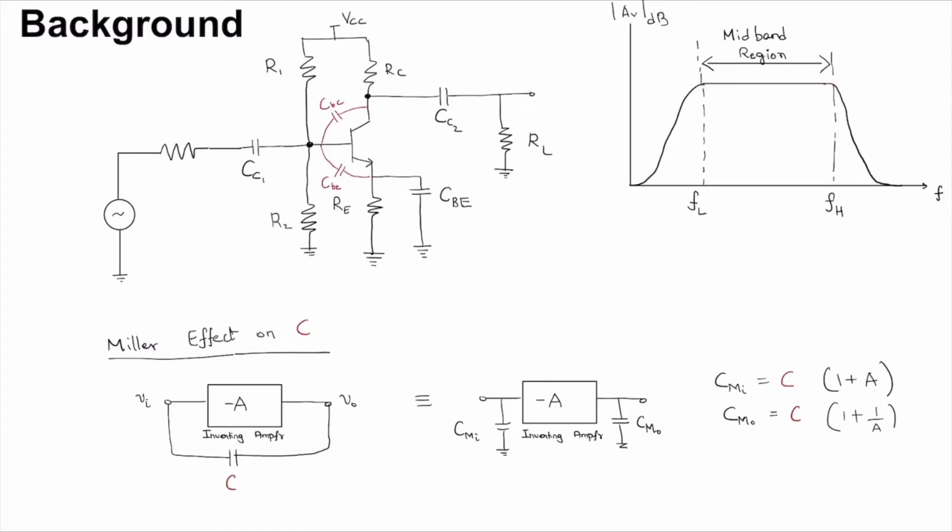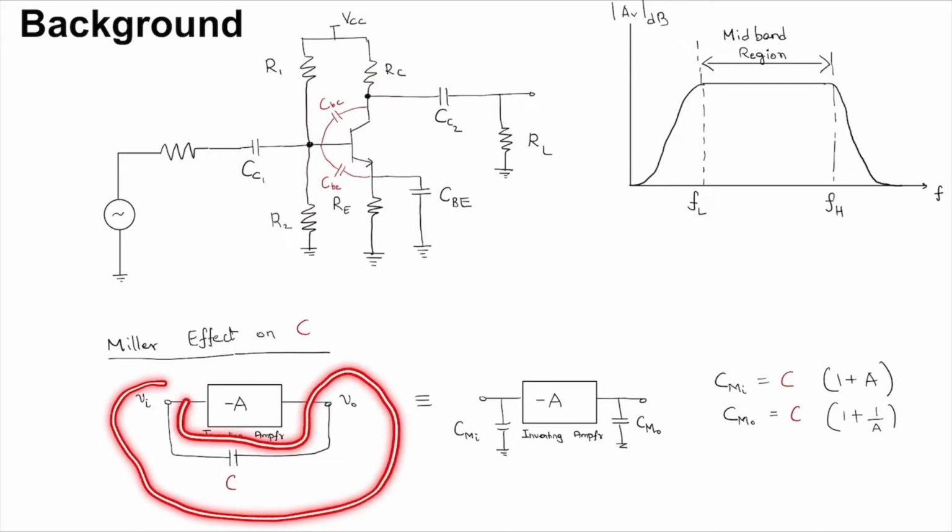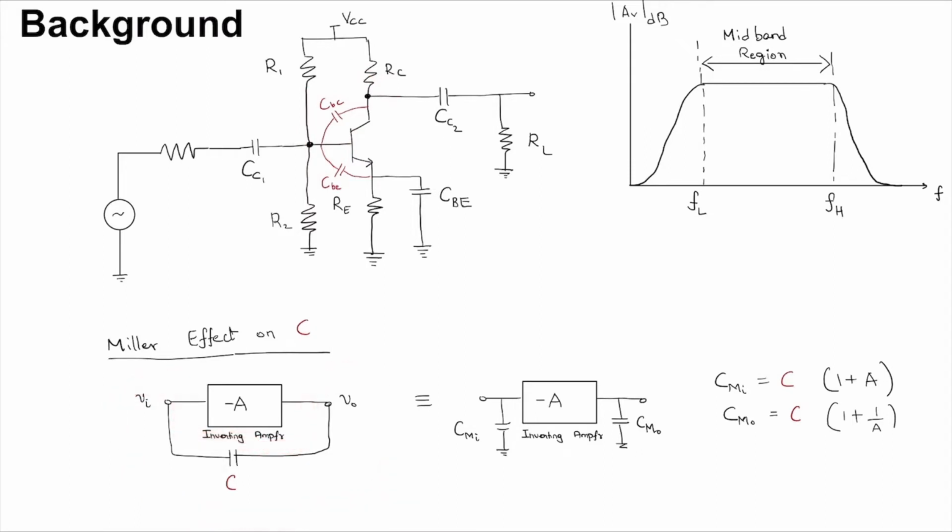So what you can tell about the common emitter amplifier is that it is an inverting amplifier, and what you have here is the CBC capacitor that is connected from VI to Vout. So this is the Vout node, and this is the VI node.